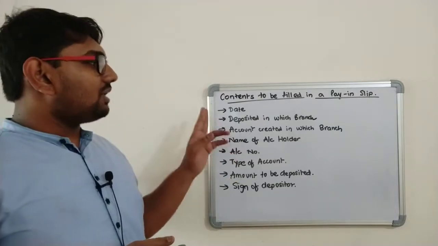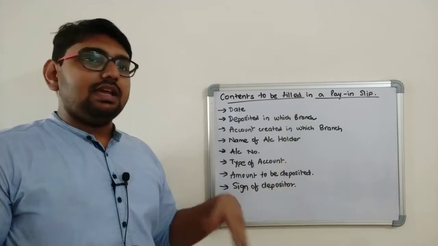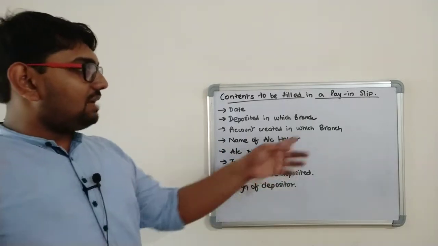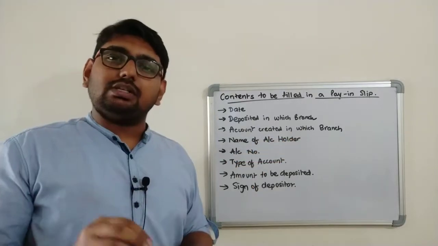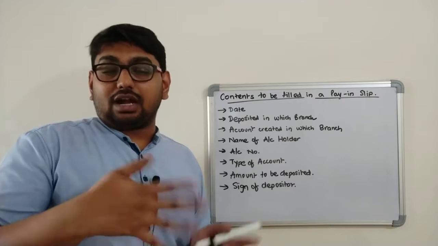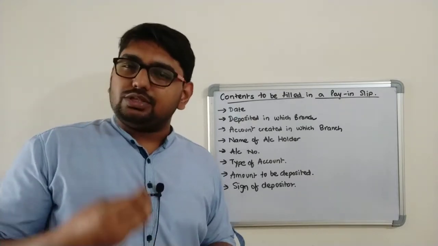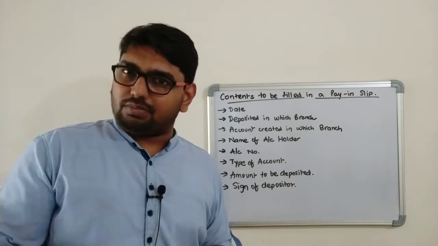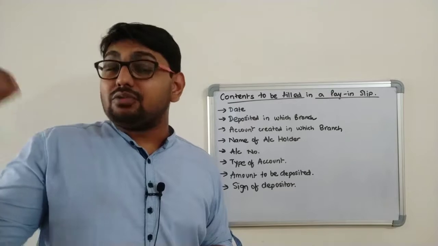Next, you are supposed to write the name of the branch where you are depositing money, and you are also supposed to write the name of the branch where you have created the account. Because it is possible that you are depositing money into one branch and your account is already in some other branch. For example, I live in Mumbai, so I have my bank account in Mumbai. But it is possible that I receive money somewhere outside Mumbai.